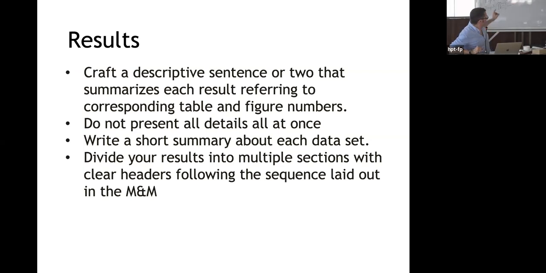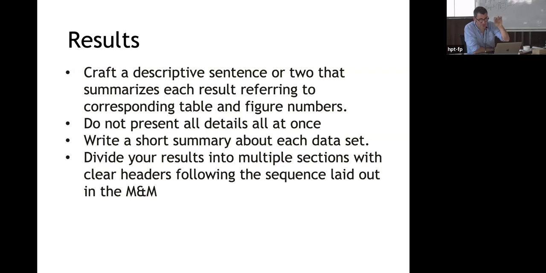And once you have identified your tables and figures, the data, you will separate your results according to your selection. So you will include one paragraph for each graph, for each table. At the beginning, you write a sentence that summarizes each result concisely, okay?